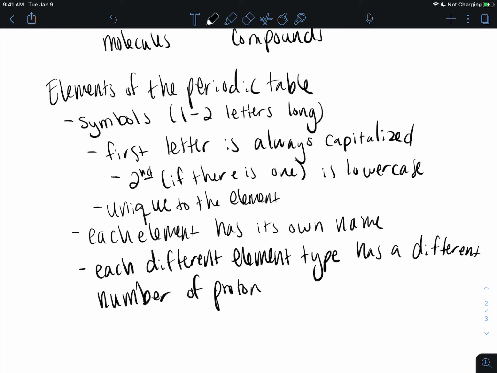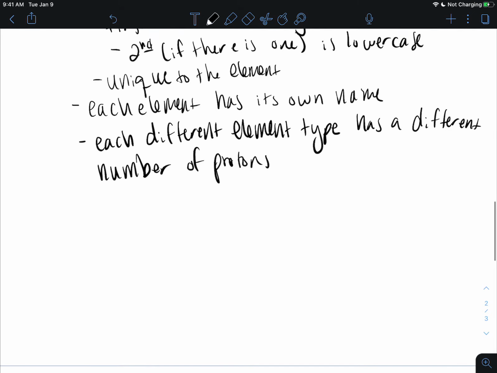We'll talk much more about protons in subsequent modules, but protons, we call that our atomic number. And that number is going to range between 1 and 118. So that is the number at the top left of your element.